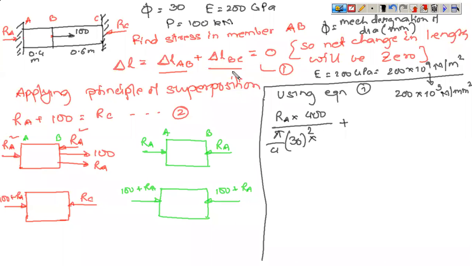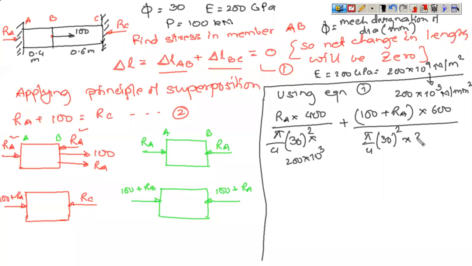plus delta L of BC, 100 plus RA multiplied by the length, which is 600 mm, divided by pi by 4 into 30 square multiplied by 200 into 10 to the power 3.